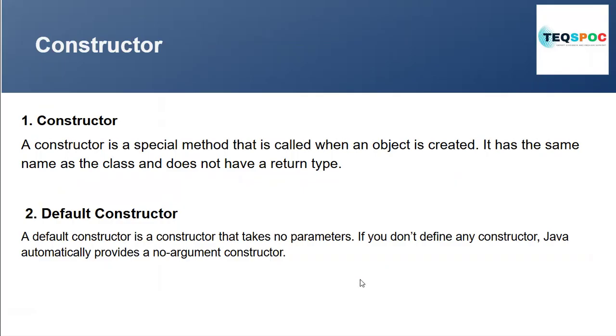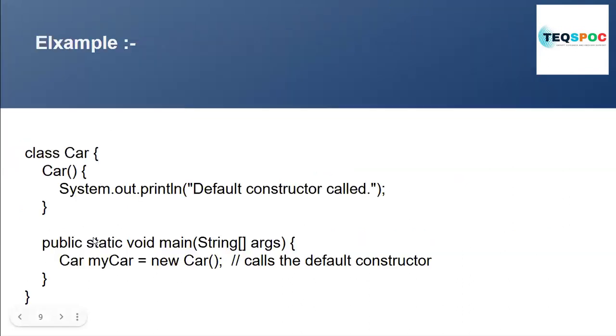The default constructor implicitly calls the superclass nullary constructor and executes an empty body. Default constructor initializes the instance variables with the default value. For example, if there is an int variable, then the default value of int is 0. This is basically a default constructor.